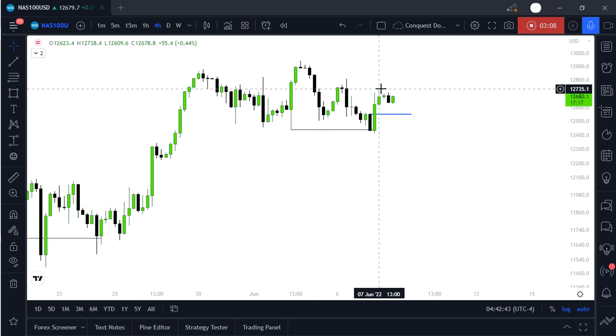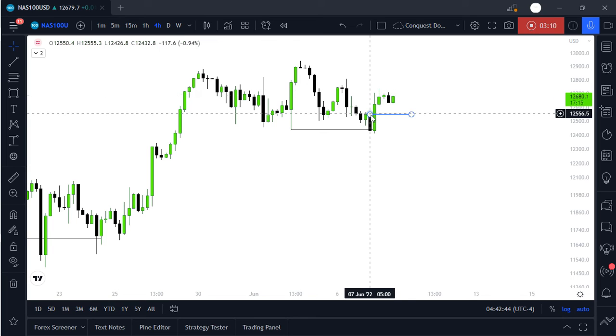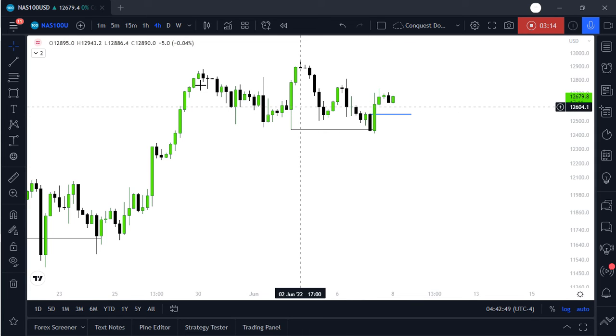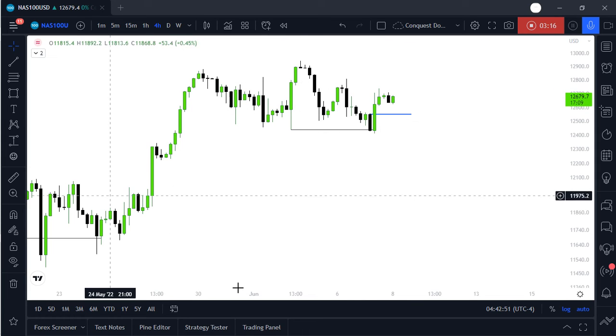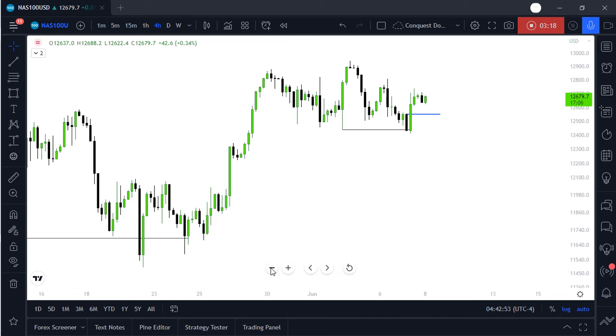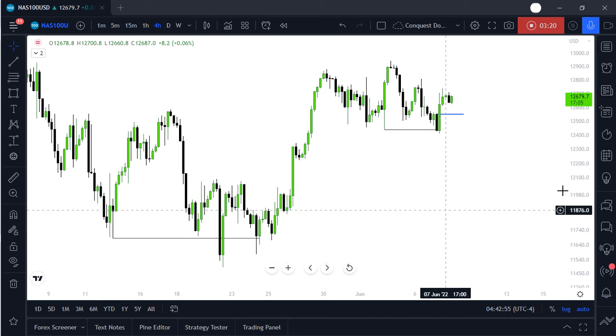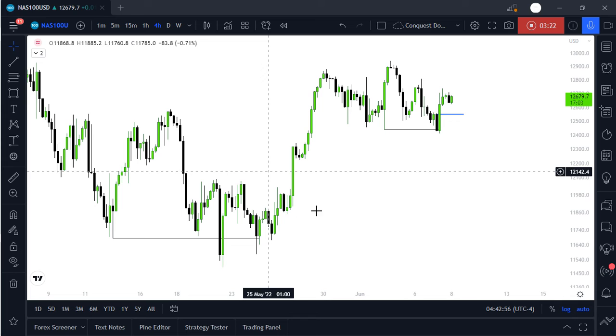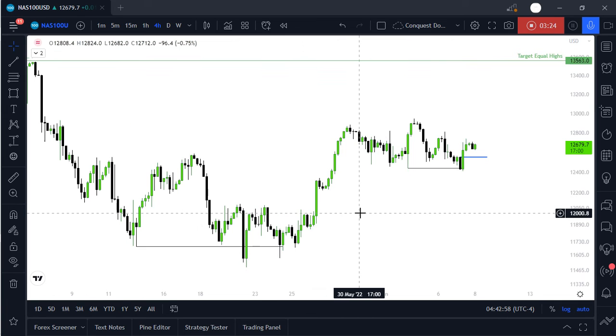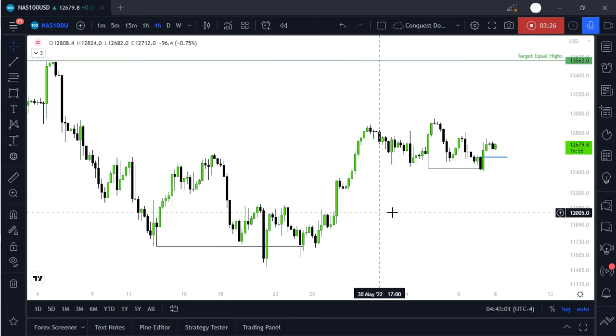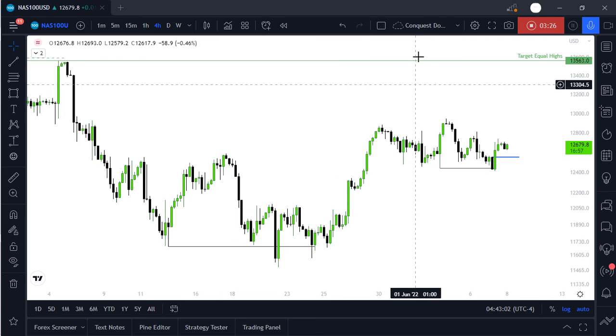So for today's trading, if price is to retrace a bit down, I do see this area right here as my support area. Let me zoom out a bit. Initially, I will be targeting these equal highs here at 13,563.